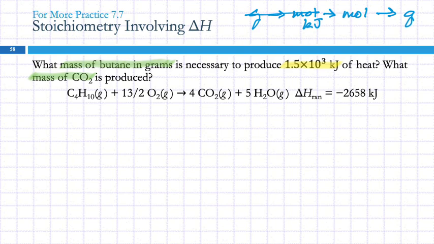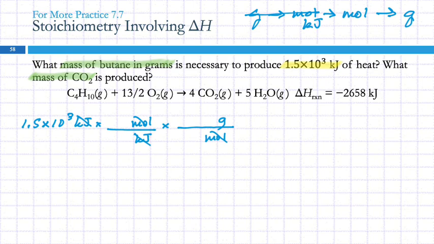Okay, 1.5 times 10 to the 3 kilojoules. And then I'm going to go to moles. Divide by kilojoules. And then I'm going to go to grams divided by moles. And this should specify moles of butane.